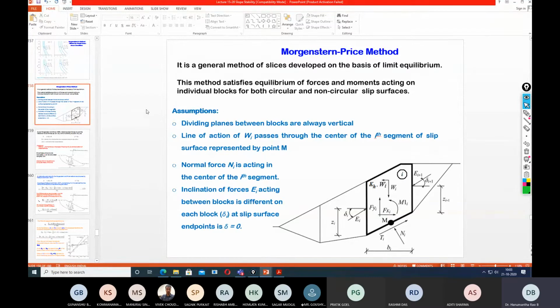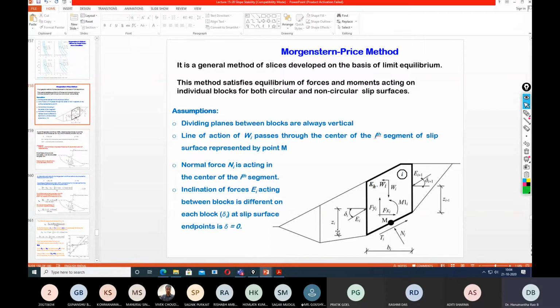They tried to derive more complicated equations for determining the normal forces and the tangential forces. For example, if you look at this schematic, it gives a free body diagram of one slice, where you can see Ei and Ei plus 1, which are acting in the inclined direction.